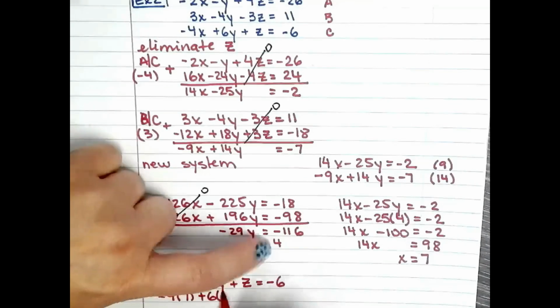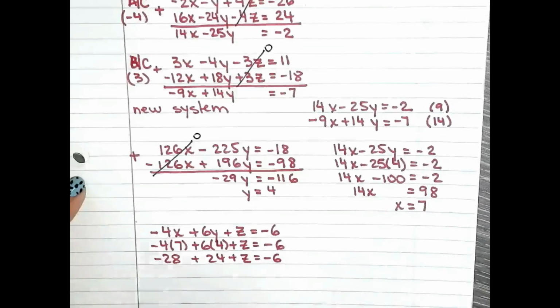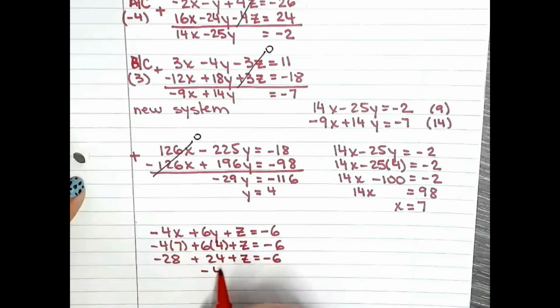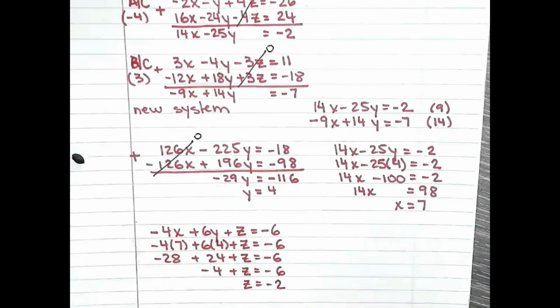Y is 4. You can't see, sorry. Negative 4. Add 4 to both sides. And voila, z is negative 2.